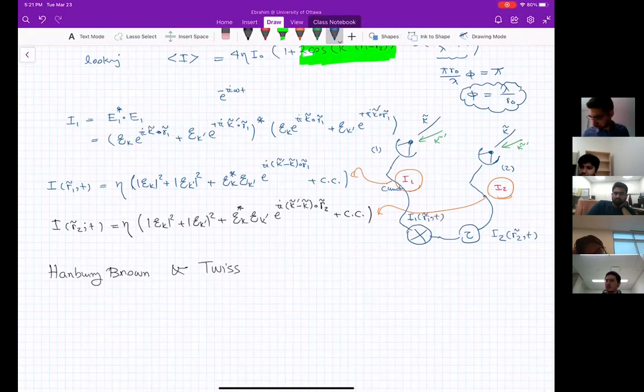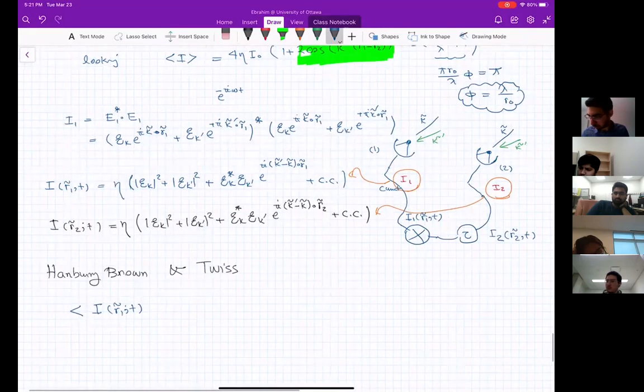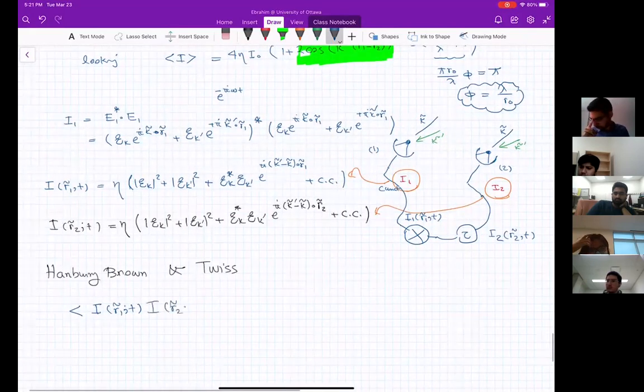So essentially they looked at the correlation between I1 of R1 and t times I2 of R2 and t plus tau.